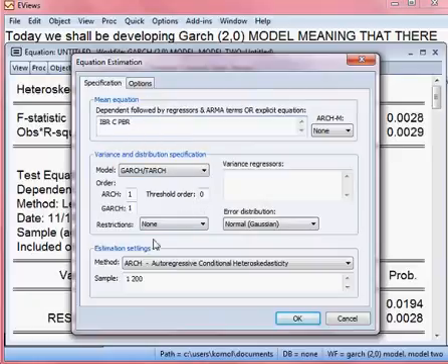And here our plan is to develop a GARCH 2 model, meaning that here for GARCH I put 0 and here I put ARCH 2. You can see from here ARCH 2 and GARCH 0, meaning that there is no GARCH effect.